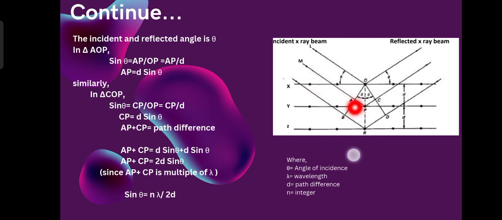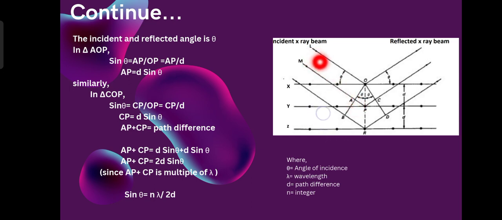now it may or may not be in the same phase. The incident and the reflected ray may or may not be in the same phase. Why so? Because here we can see that both these radiations need to travel some extra distance, that is AP and CP. These are the extra distances, right? So they need to travel some extra distances, AP and CP.